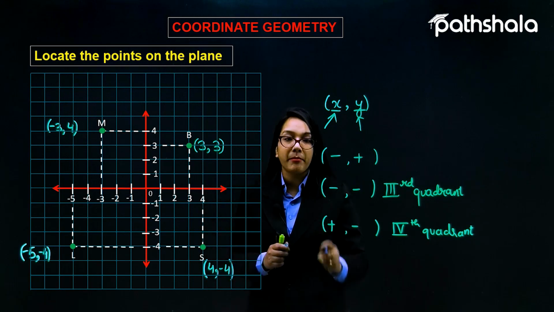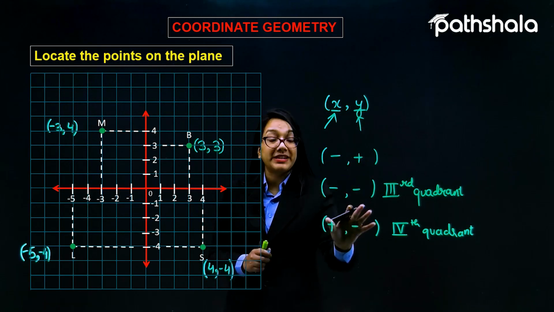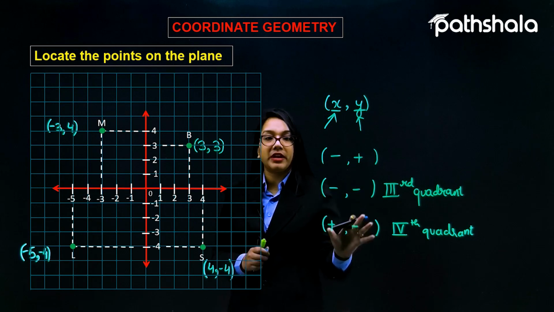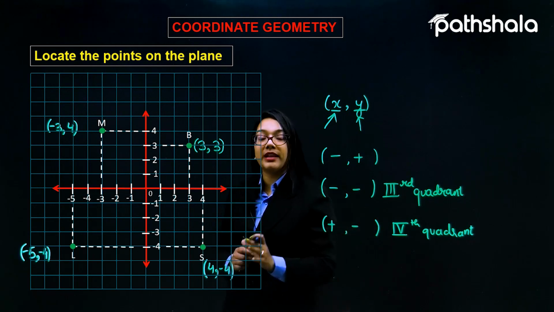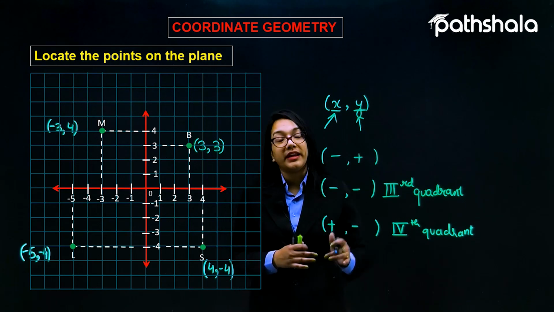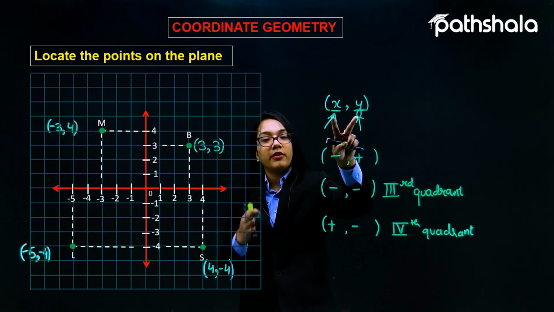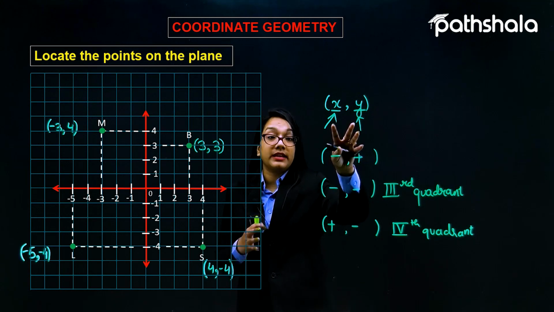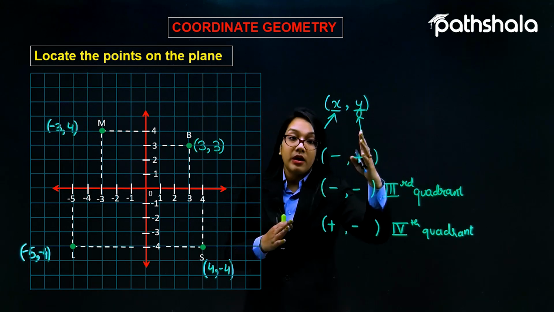Always remember all these quadrant signs, because they will definitely help us to locate the point on the plane. Always remember what is abscissa and what is ordinate, and that whenever we take the coordinates, x always comes first and then y.